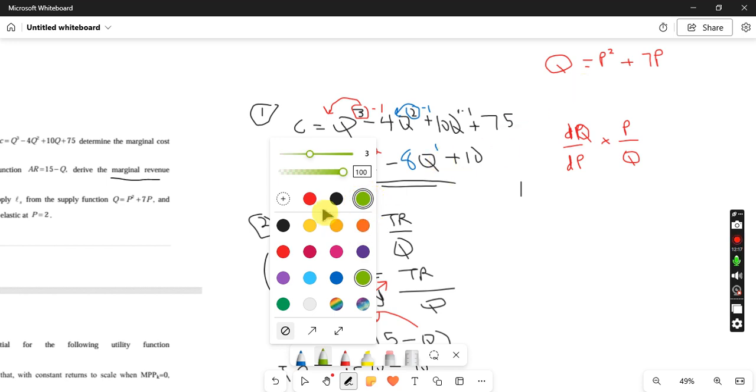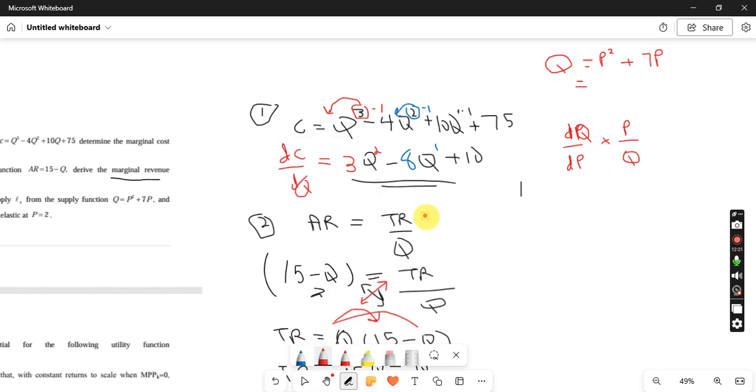We substitute P with 2. So that is 2 squared plus 7 times 2. 2 squared, that is 4. 7 times 2, that is 14. 4 plus 14 equals 18. Okay, so we found Q and we know P.